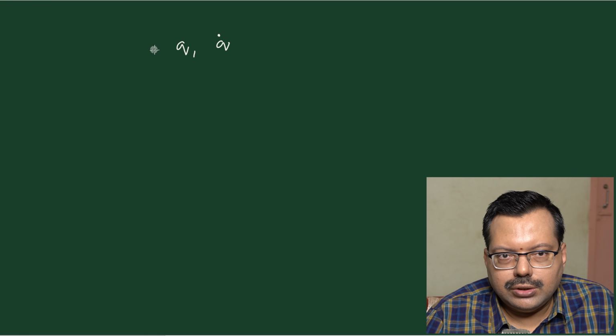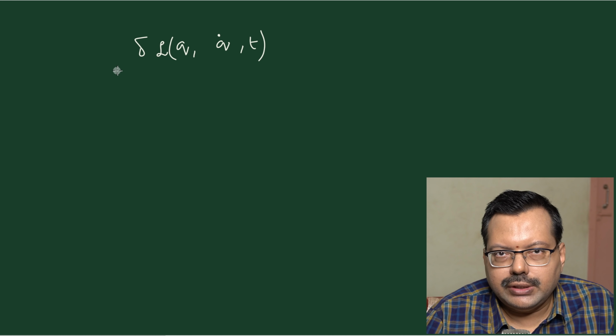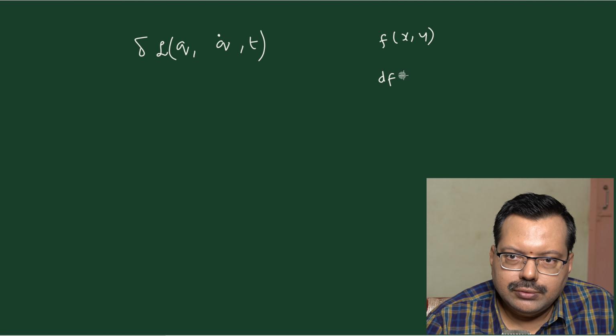And then if this is a mathematical function that you will write down as L of this, then variation on that means delta of that, which is essentially nothing but you are going to perform the usual differentiation. Let me tell you the meaning of this delta. Suppose f is a function of x comma y, then how will you find df? This you already know. It's a function of two variables.